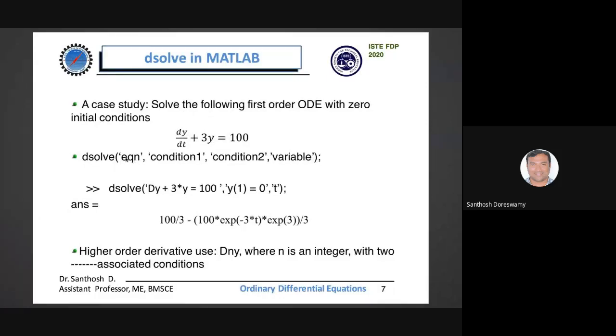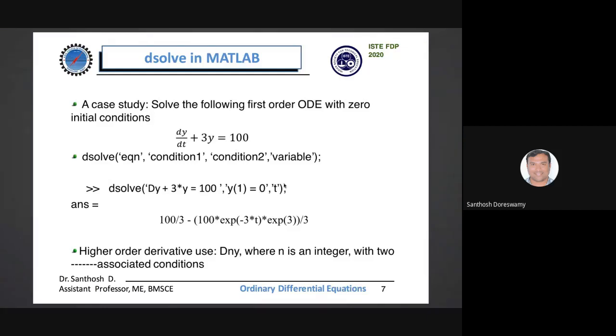You have to write the differential equation, specify the conditions which will give a value to the constants of integration, and specify the independent variable with respect to which you want to obtain an exact solution.